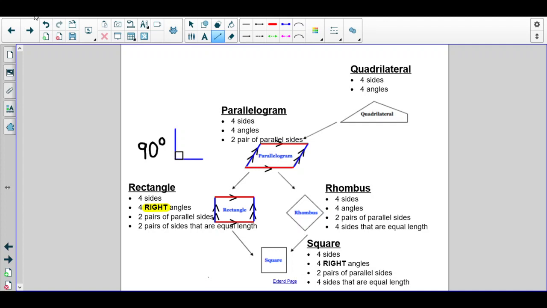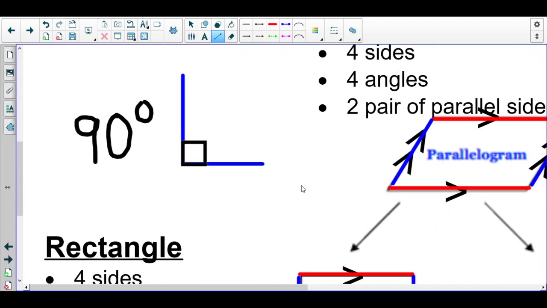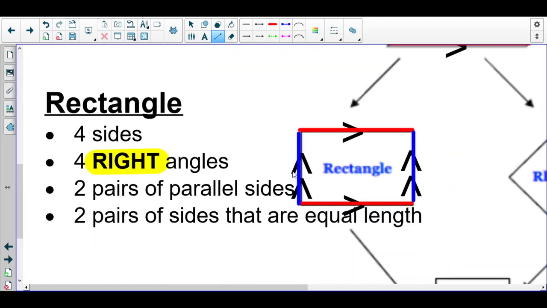And then let's zoom in a lot so we can make sure that we get this. Then we need to look at four right angles. So right here we've got our right angles, our 90-degree angles, indicated by our symbol that says that that's 90 degrees. And then two pairs of sides that are of equal length.